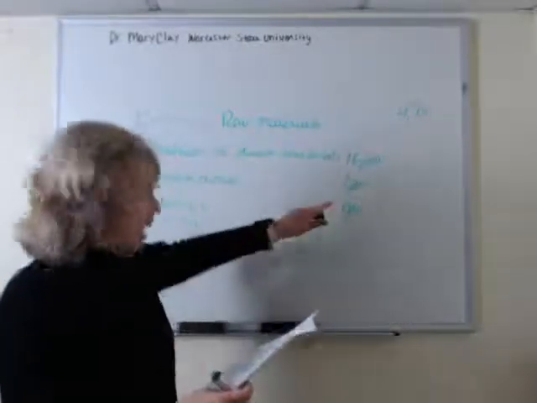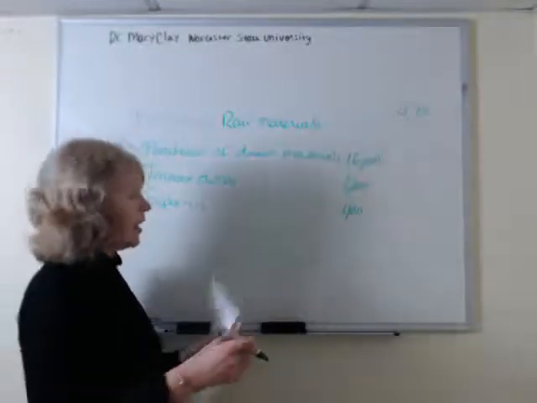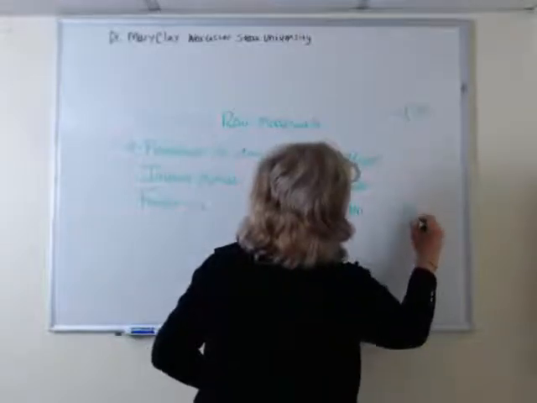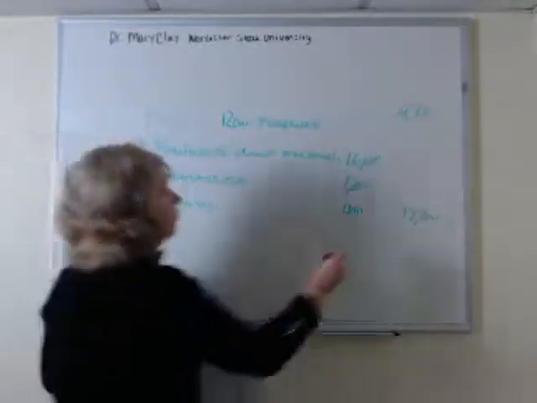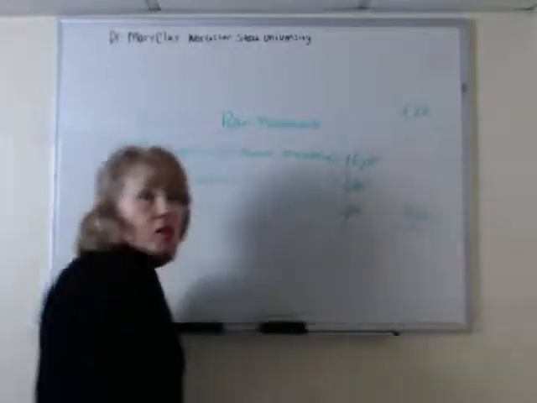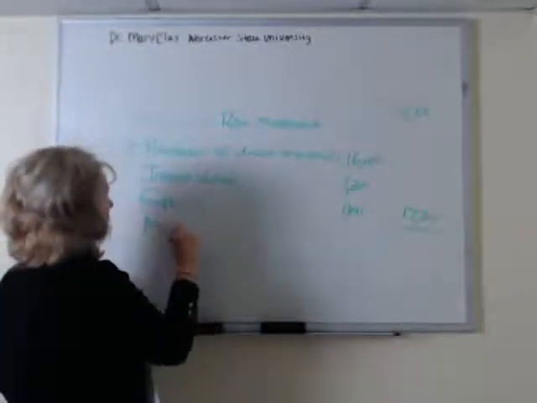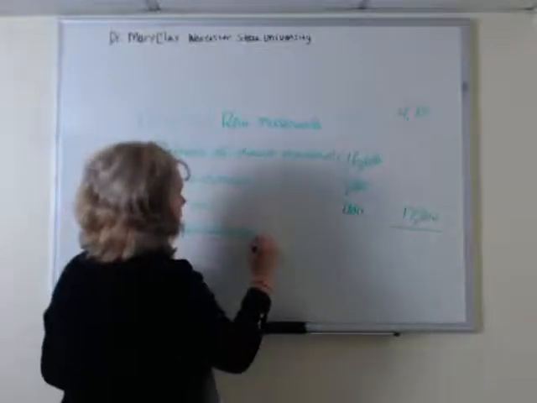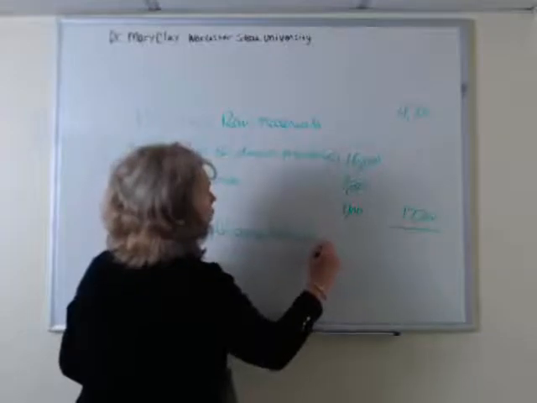So the three of these added together is going to be $17,700. That's those three. All right, so now I'm going to add these two. I have materials available for use.